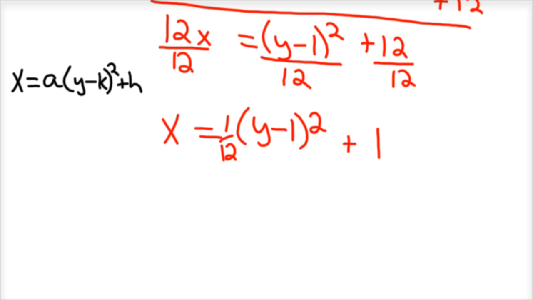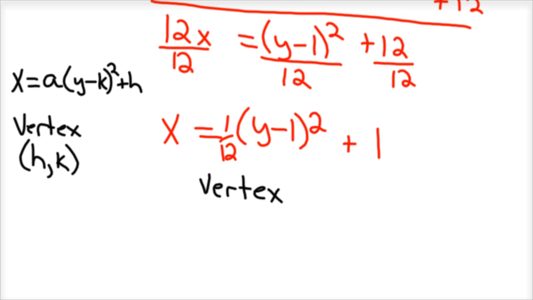So in my vertex, if you've seen this before, I mean, this video is really made for somebody who's seen this before, my vertex would be h, k. And so my vertex in this case would be 1 for this one and 1 for this one. So my vertex is 1, 1.